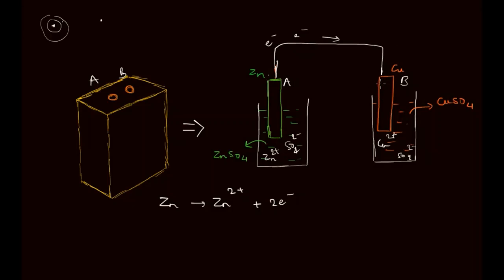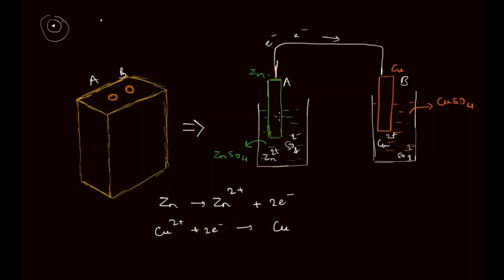Now these electrons will reach the copper rod, where you have copper ions and sulfate ions. These copper ions will get these electrons, and they will become copper atoms, right?